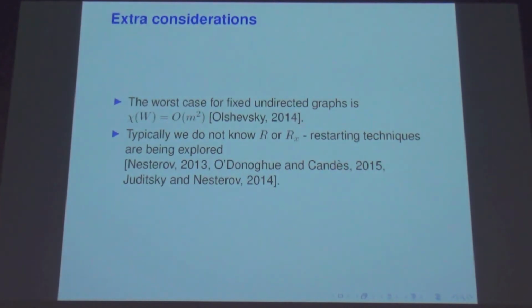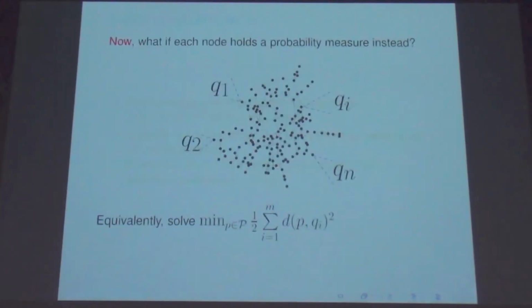So this is the worst case. You need at least m steps to reach from the first to the last, so the worst case is that. And of course, usually we don't know r or rx, which is the initial residual between the initial variable and the optimal variable, but then you can apply, let's say, restarting techniques to estimate this value, or adaptive methods, but I have not explored this yet.